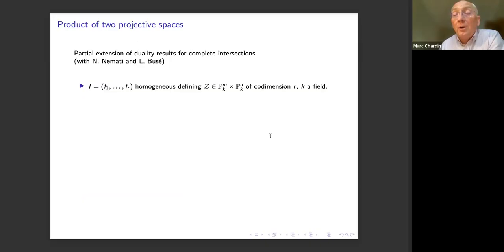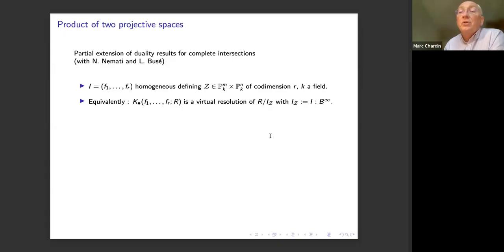But of course now this ideal is never, well, maybe never if m and n are not zero, a complete intersection ideal. Equivalently, this Koszul complex now is not a resolution of R mod I, but it is what is called the virtual resolution of R mod I. So if I sheafify all that, this gives me a free resolution of the sheafification.